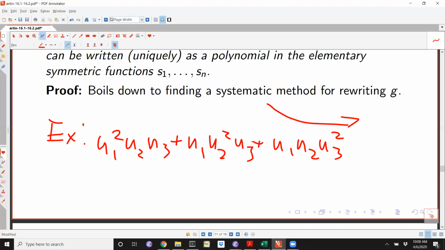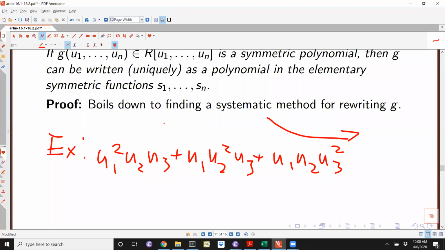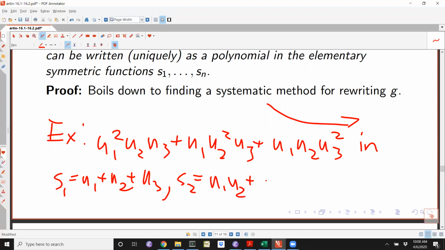And now the theorem claims that we should be able to express that as a polynomial in S1, which is u1 plus u2 plus u3, and S2, which is u1 u2 plus and so on, and S3 equals u1 u2 u3.